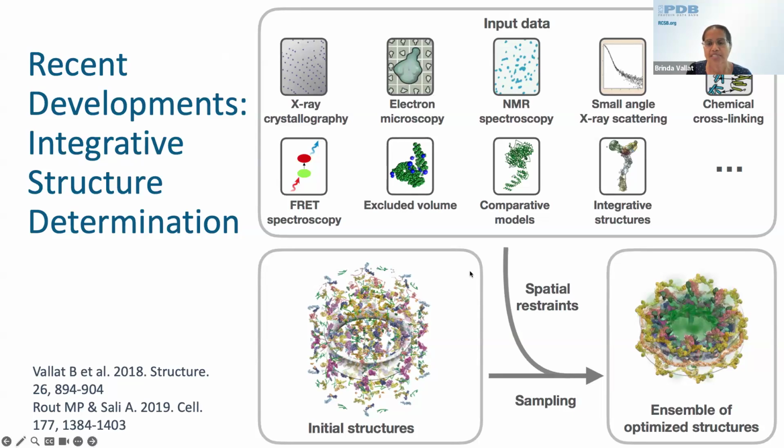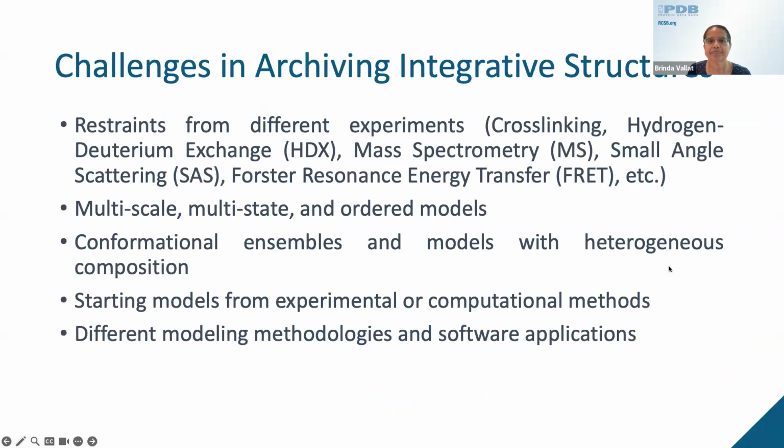Integrative modeling involves combining data from multiple experimental methods, such as electron microscopy, NMR spectroscopy, small angle scattering, chemical cross-linking, etc. The experimental data are gathered and converted to spatial restraints and combined with known starting structures of molecular components using computational modeling algorithms to build the structures of complex macromolecular assemblies.